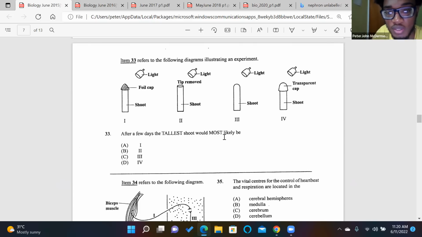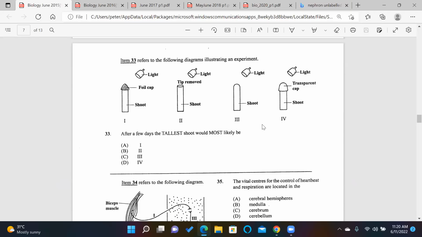After a few days, the tallest shoot would most likely be 1, 2, 3, or 4. What's the difference between 3 and 4, guys?